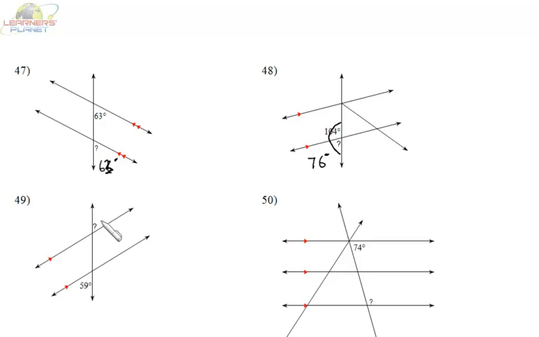In this case 59 and this angle, they are alternate exterior angles. So if it is 59, it will be 59. Clear? Here 74, suppose we skip this line, then 74 and this angle, both of them are interior opposite angles. So their sum must be 180. So 74 plus this angle will be 180.